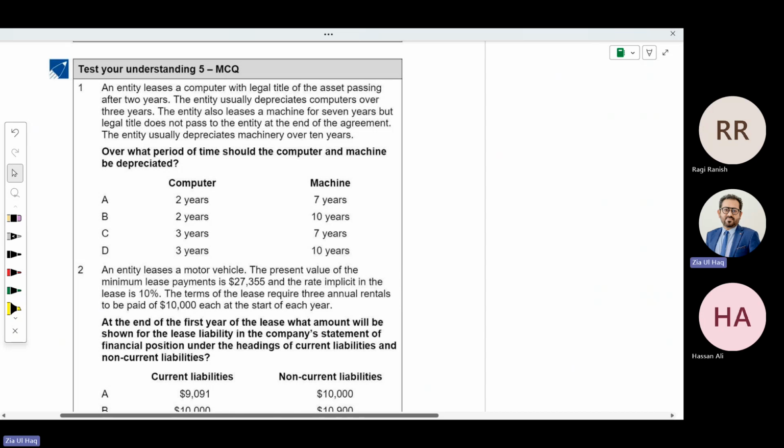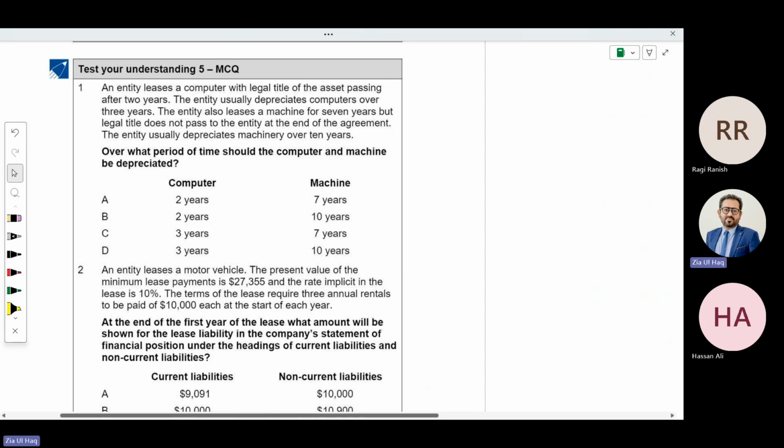Title will be transferred, ownership will be transferred. We will depreciate using the useful life. If ownership will not be transferred, the shorter of lease time and useful life.